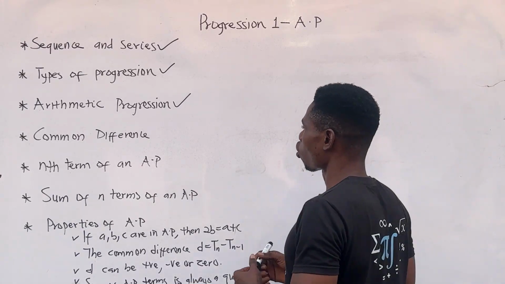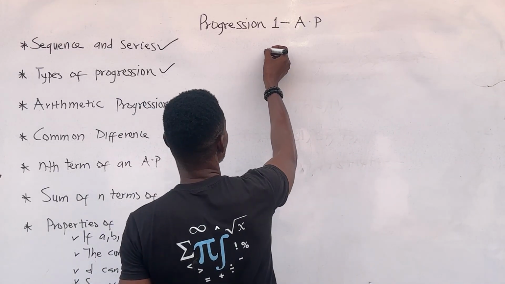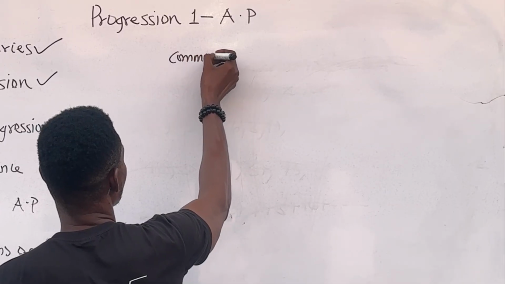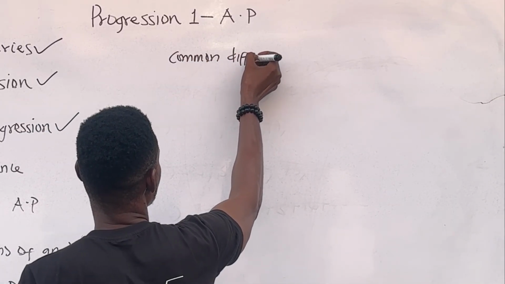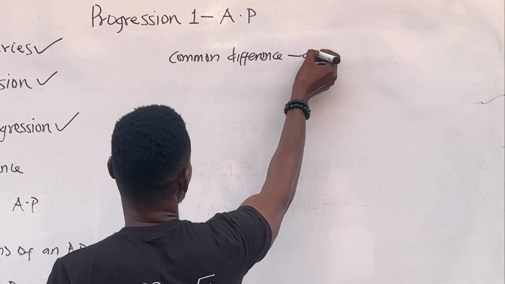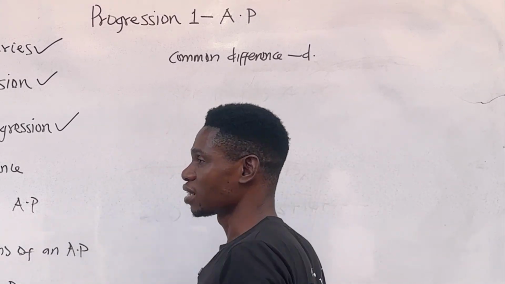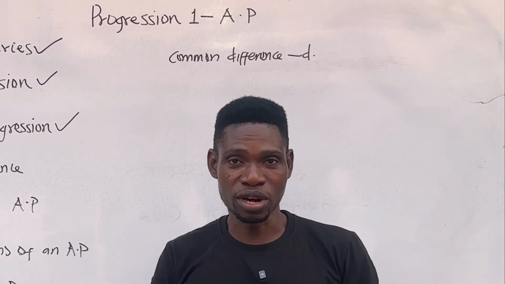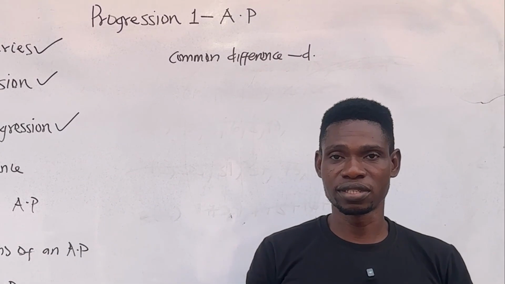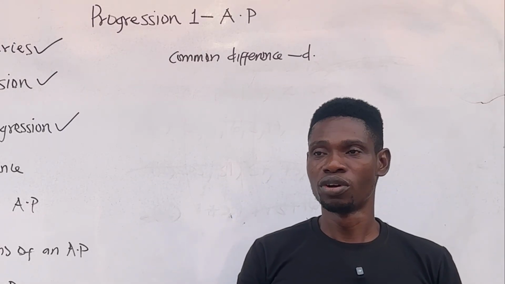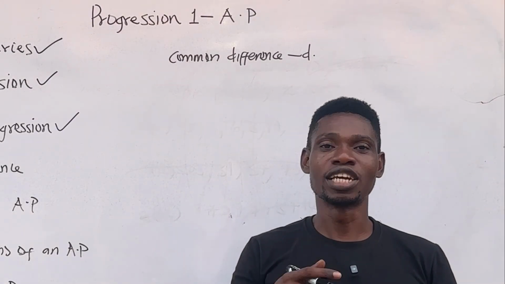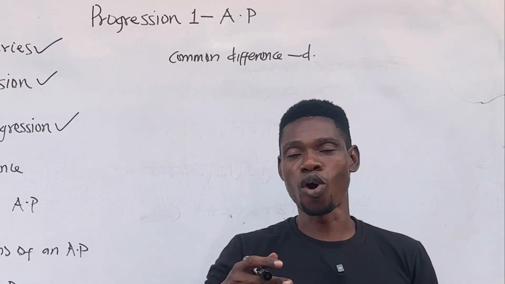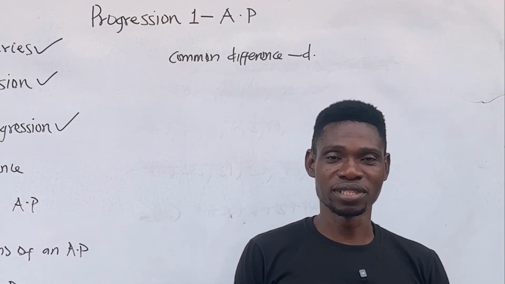Okay, now common difference D is that constant that you get when you subtract two consecutive terms. So, as the name implies, it is the common difference. So, it's common to all the consecutive terms. Okay?